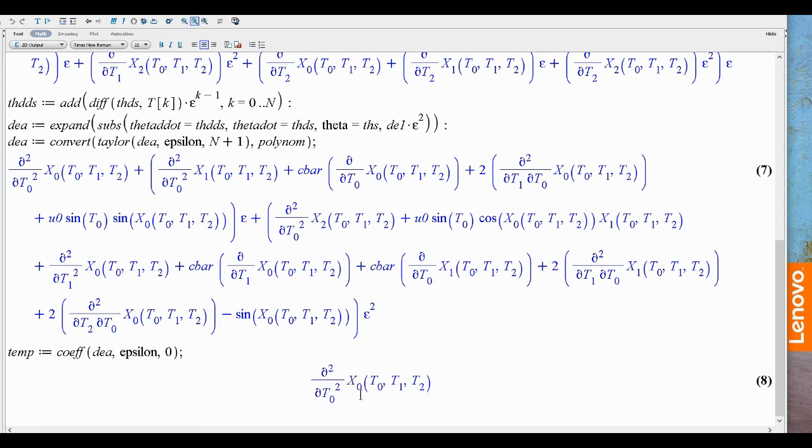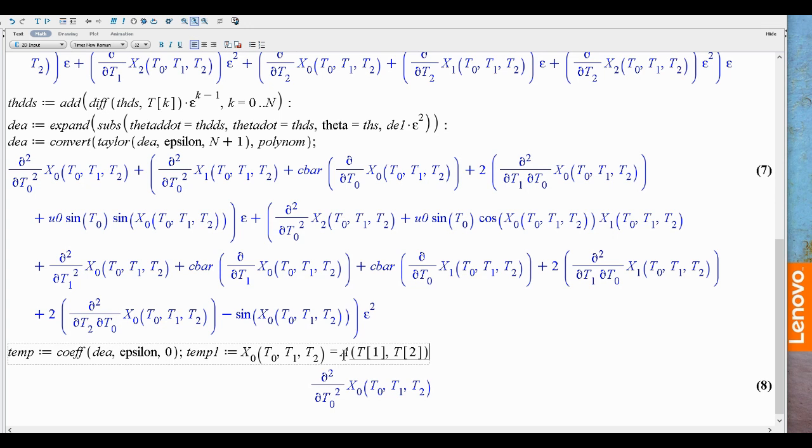So we should think of it as a plus b times t0, but because b times t0 will grow rapidly and make the expansion break down faster than necessary, we will take x0 just to be some function a of t1 and t2. Okay, so for this reason we will say temp1 is, and we will say this thing here, control C, is just equal to a of t1 t2. Alright, we'll say that.